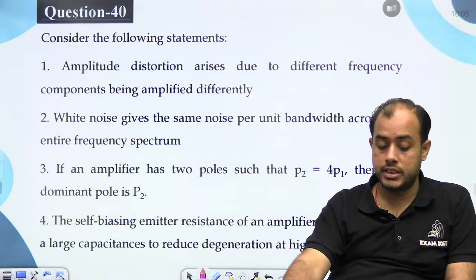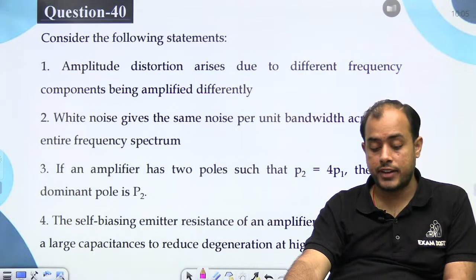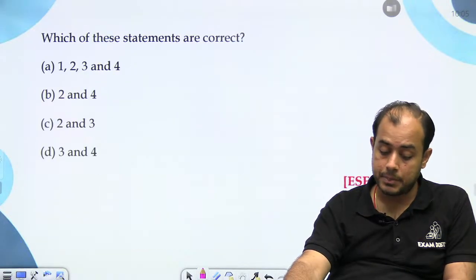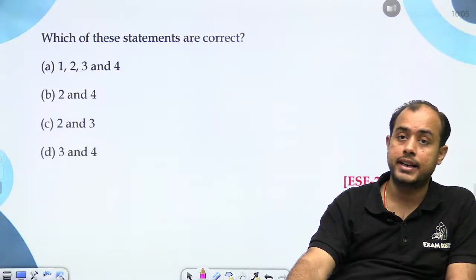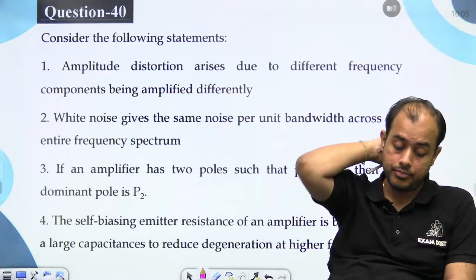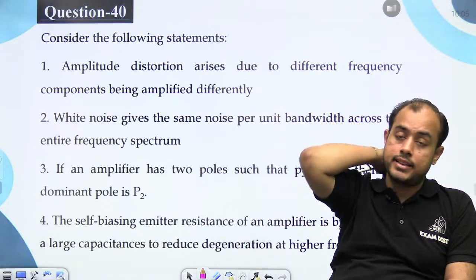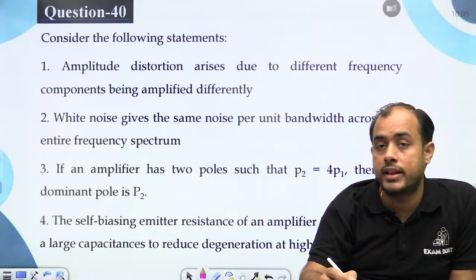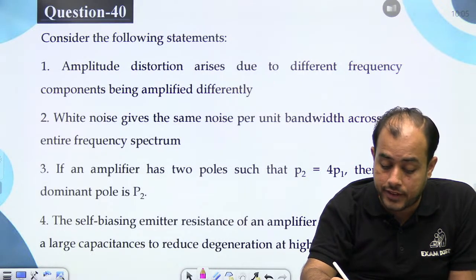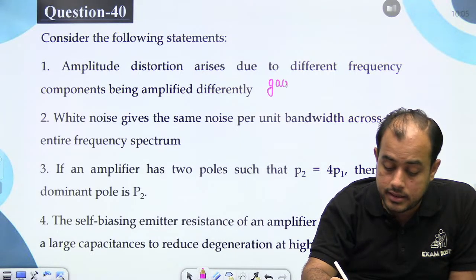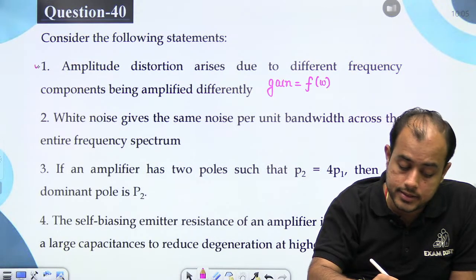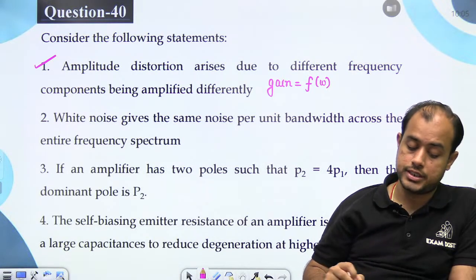Amplitude distortion arises due to different frequency components. यहां पे बेटा पूछा है कौन सी स्टेटमेंट करेक्ट है, ESE 2011. So it is saying amplitude distortion means that different frequency components are amplified differently. Basically, gain is a function of omega. This causes amplitude distortion.